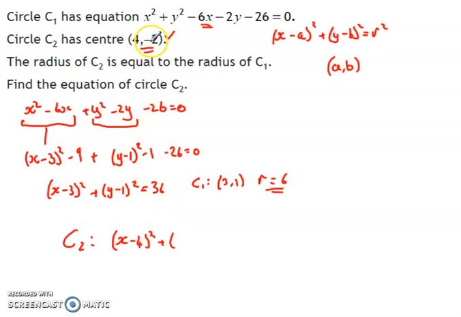Now my b comes from the y part of the coordinate, so it's going to be y minus minus 2. Minus minus becomes a plus, so it's going to be y plus 2 squared. So just watch out for that subtle little sign change. And that's going to equal r squared, which in this case is going to equal 36. So there we go. We have the equation of our circle C2 as the question required.